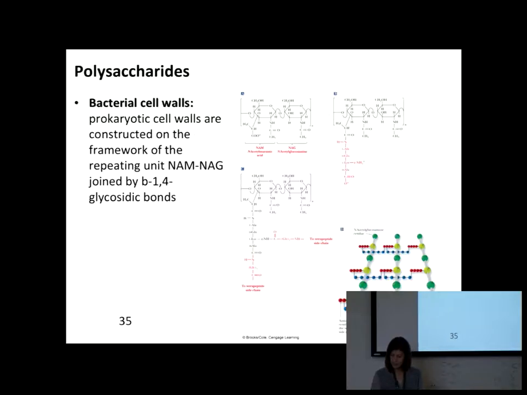So here are our sugar chains, and they are cross-linked with amino acids. That is super, super strong. It's very, very hard to open up a bacterial cell wall because of this. So this is a good question that I might ask at the end: why are bacterial cell walls so strong? You would answer, you not only have the polysaccharide chain, but it's cross-linked with amino acids.